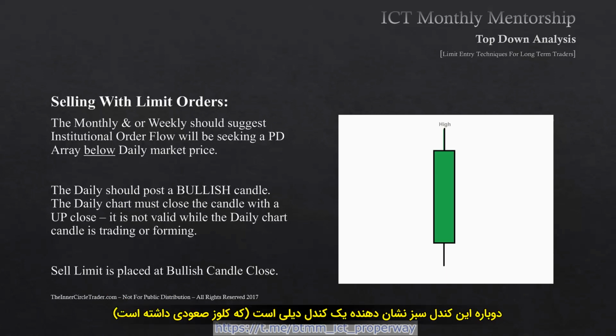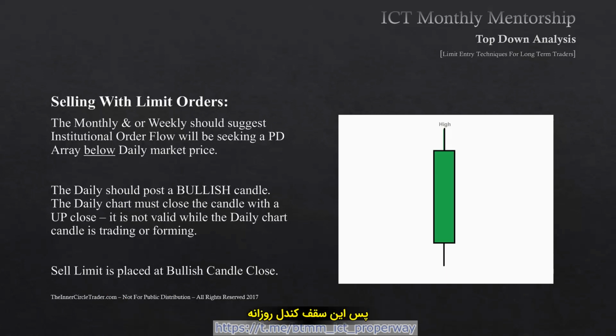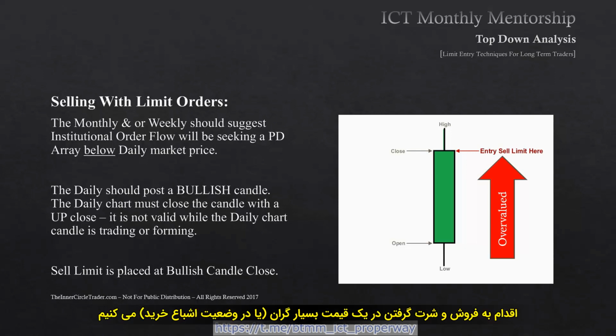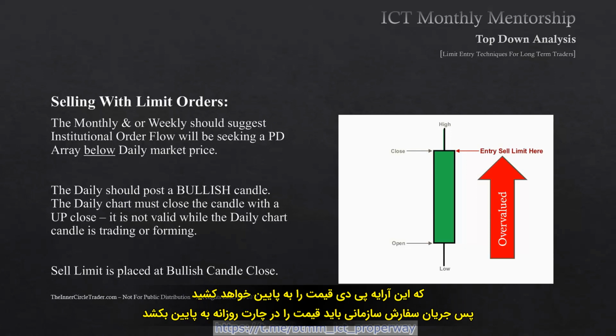So with this candle, again, representing our daily candle, up close, this is the daily high, the daily low, the close, and the open for that particular day. And we're going to be looking to have a sell limit order right there at the candle's close. What we're doing is essentially selling short in an overvalued or overbought condition in a market that's predisposed to go lower based on monthly and/or weekly PD arrays that will draw price lower.